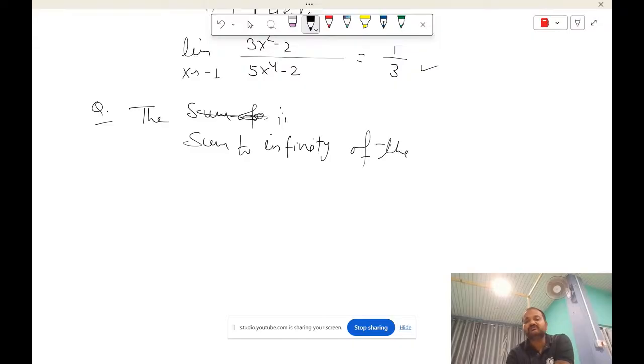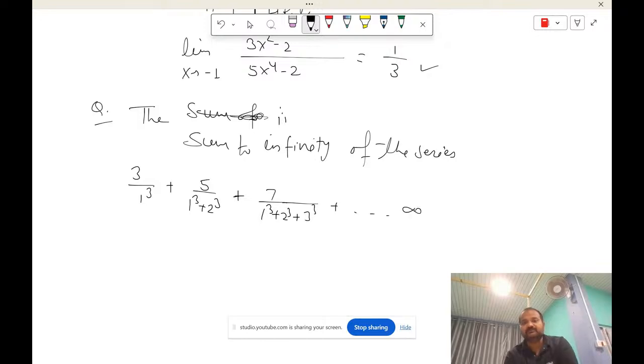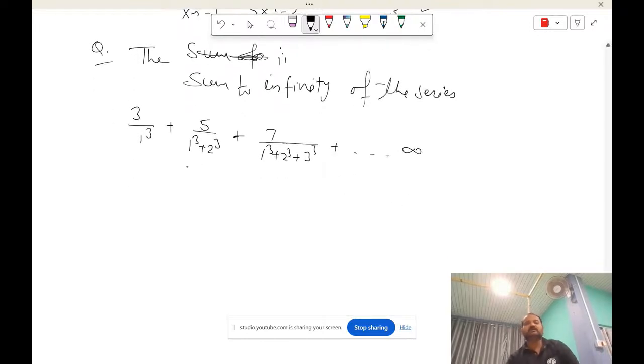This type of question we generally see in the IIT examinations. 3 by 1 cube plus 5 by 1 cube plus 2 cube plus 7 by 1 cube plus 2 cube plus 3 cube, up to infinity. So here we can see it is the sum of infinite terms.